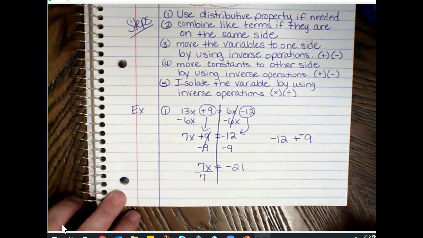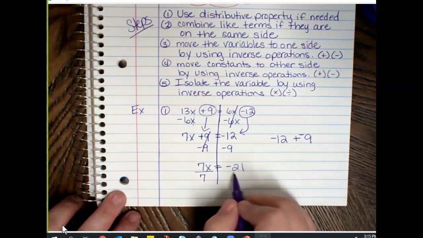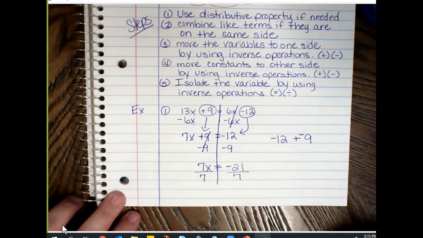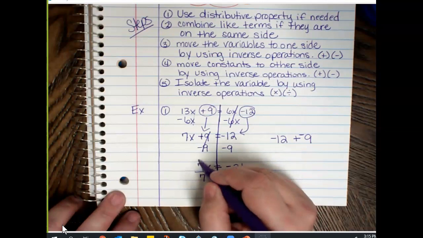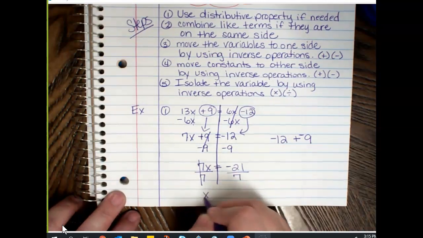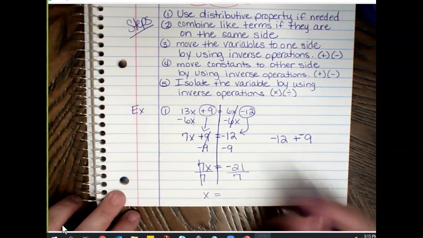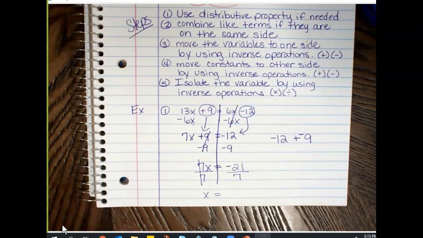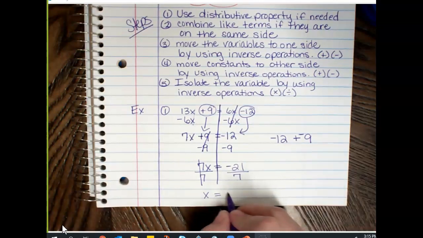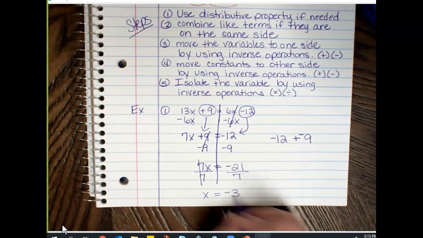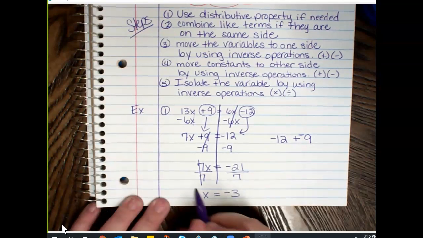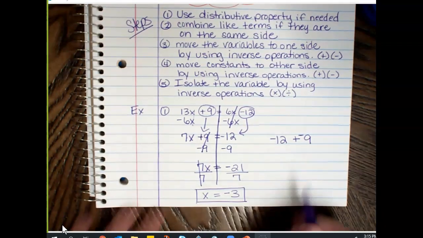But what I do to one side, do it to the other. 7 divided by 7 is just 1x. Negative 21 divided by 7 is negative 3. Don't forget your sign. So the value of x is equal to negative 3. All right, let's do another example.